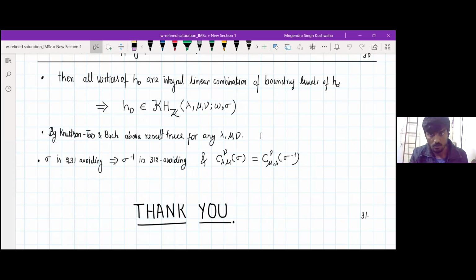Meghendra, in the classical case for the Littlewood Richardson coefficient, there are other models to count that coefficient. Yeah, there are other models, means you can say the path model. Are there other models involving polytopes, inequalities?